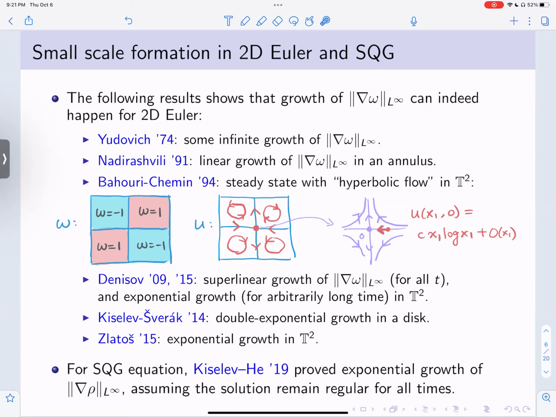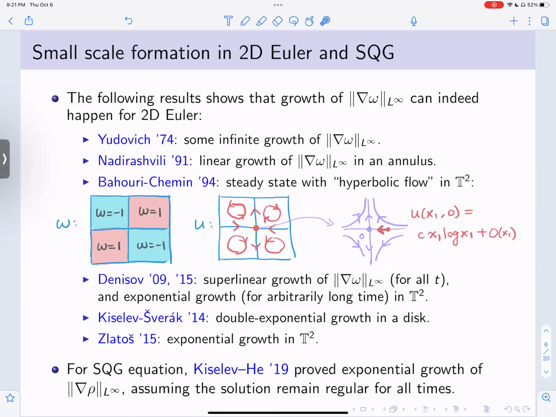These kinds of results can be traced back to Yudovich, where he showed that the gradient of vorticity can have some infinite-in-time growth. And Nadirashvili showed that when the domain is the annulus, there can be linear growth for all time.